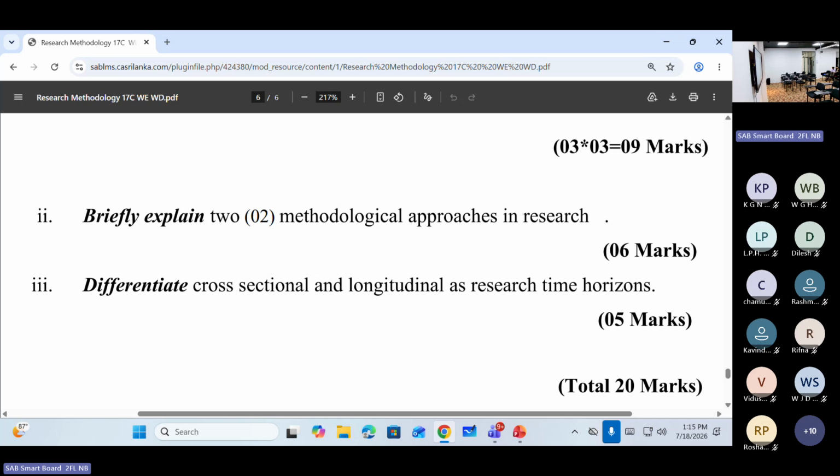ESG reporting and financial performance of listed companies in Sri Lanka.